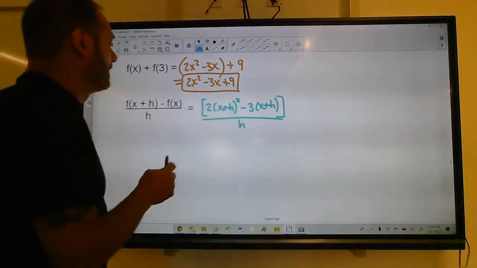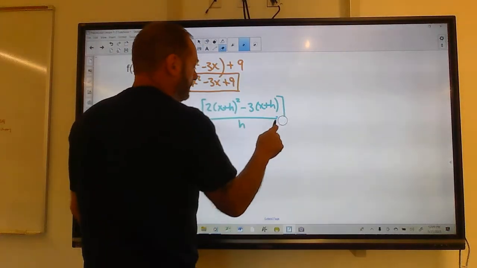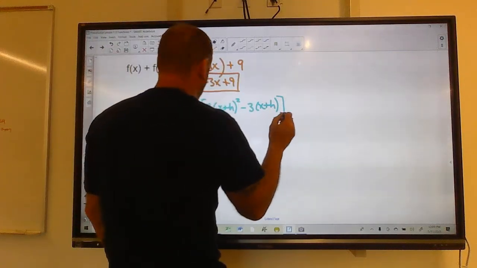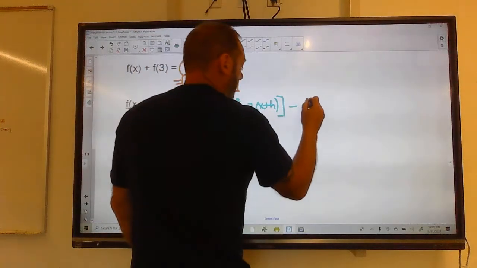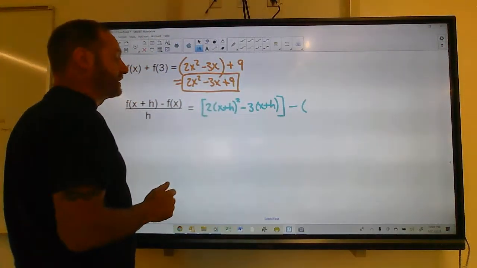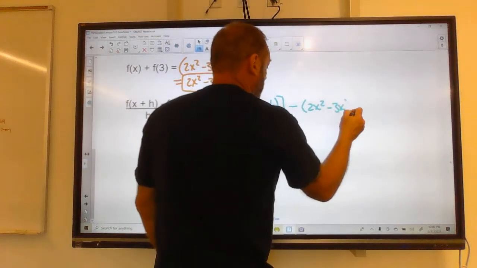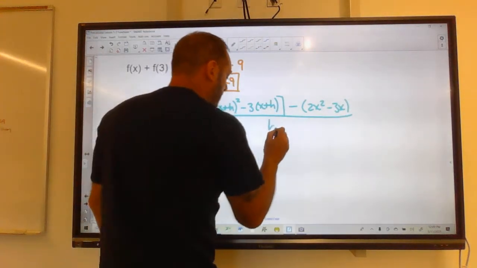Whoops, I forgot something. I forgot the second half of the equation. So it's going to be all of this minus f of x. Now this needs to be in parentheses because you're subtracting the whole thing. 2x squared minus 3x, all of that over h. There we go.